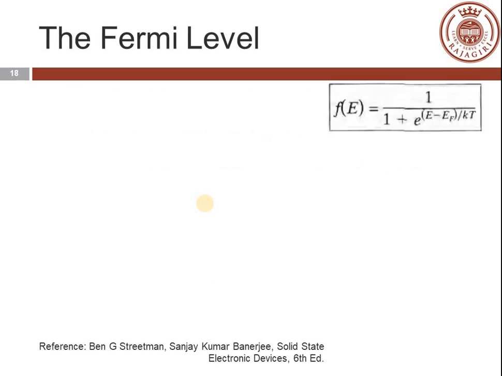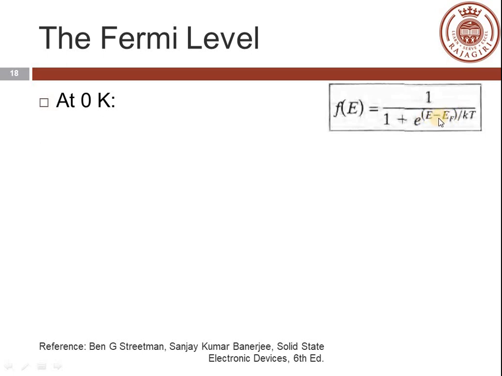Now, assume the temperature is 0 Kelvin. In the expression f(E) equal to 1 by 1 plus e raised to (E minus EF) divided by kT, the temperature is 0. That means it will be e to the power infinity. It can be plus infinity or minus infinity based on the relative values of E and EF.